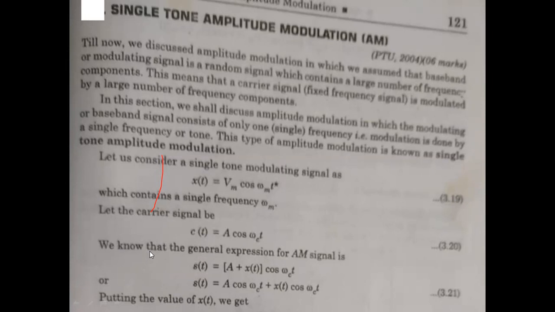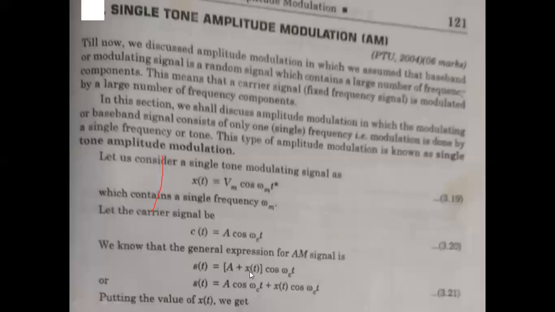Now, the expression for the generation of AM is s of t equals A plus m of t, times cos omega c t. A plus x of t times cos omega c t. Students, please remember that x of t is denoted as m of t.